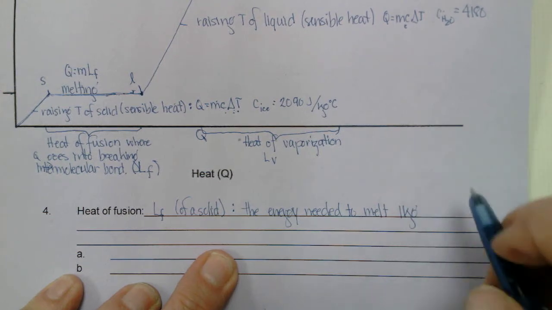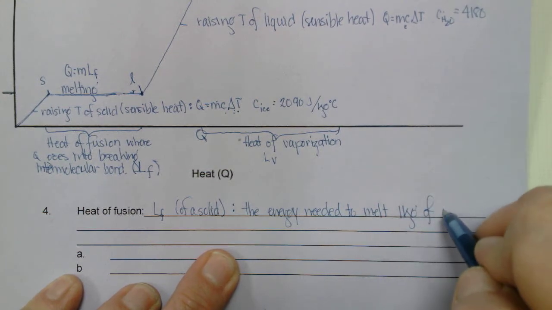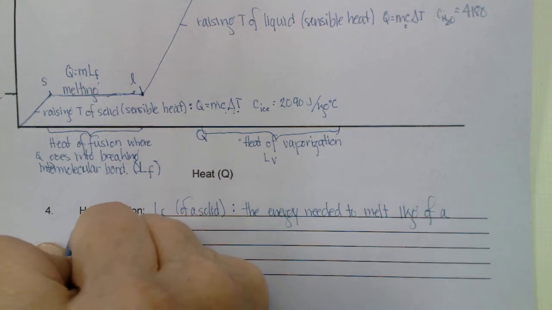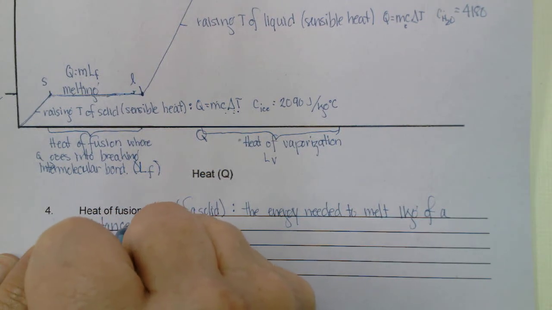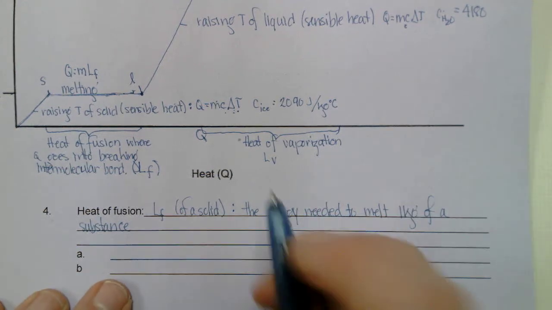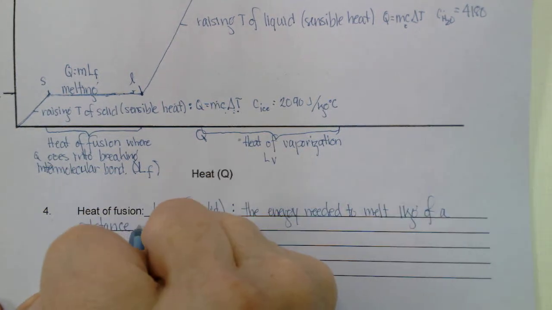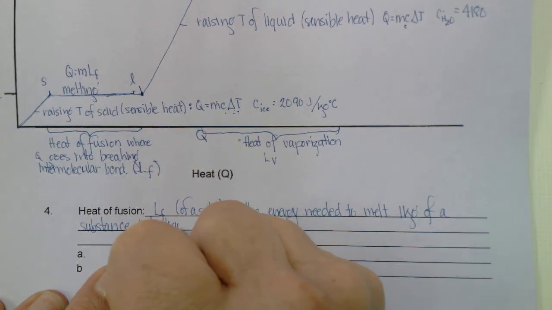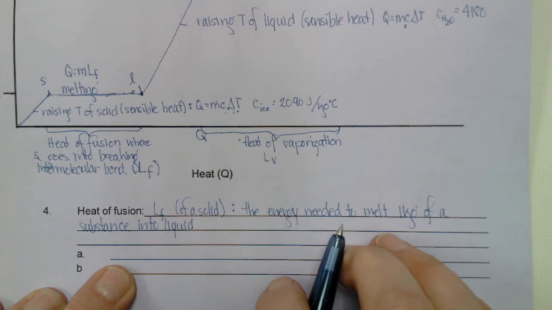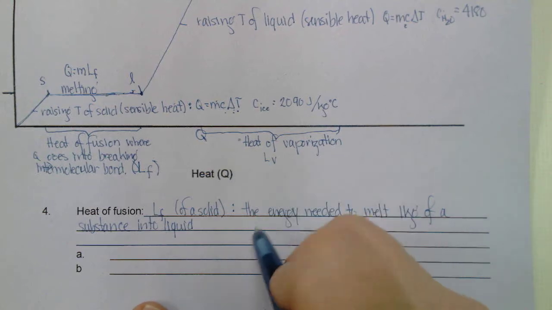For what we do, it's always 1 kilogram of a substance into liquid at the melting point.